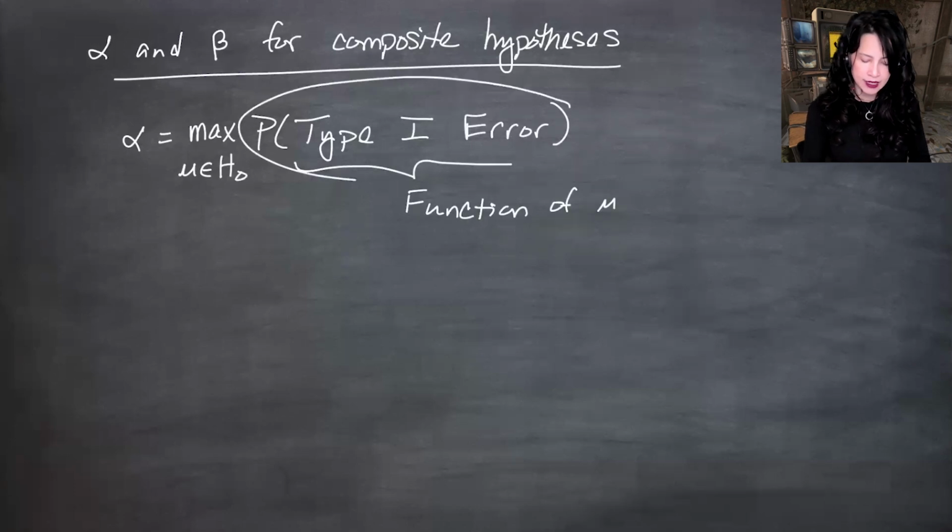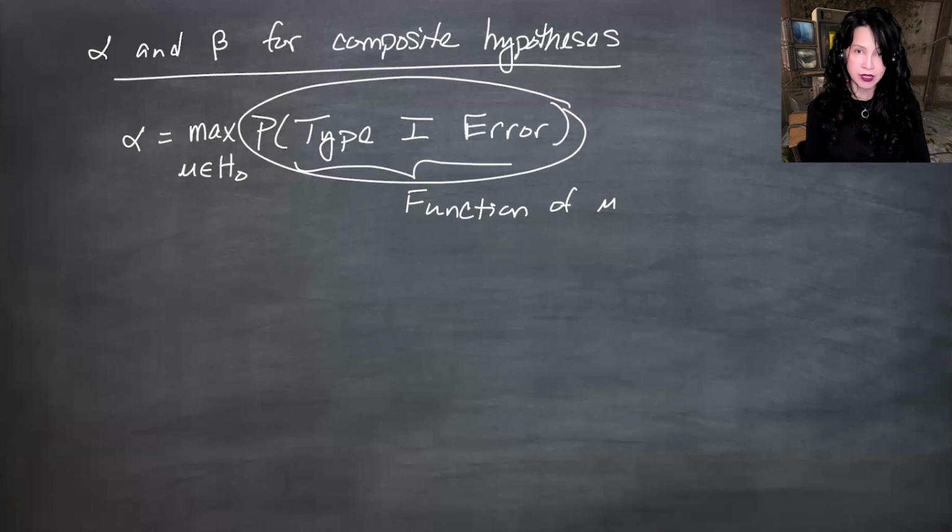Because this is the probability you reject the null hypothesis when you shouldn't because it's true. And so we want to look at all of the mu's in that null hypothesis, all of the possible mu's when the null hypothesis is true, and look at the maximum error we could make and try to control that.